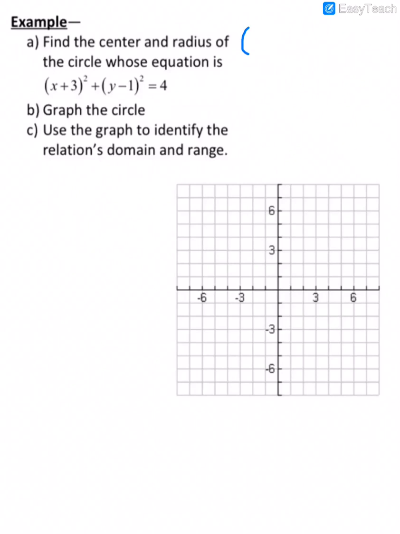We have x plus 3, so my h is going to be negative 3. And then we have y minus 1, so my k is going to be a positive 1. And then my radius is going to be the square root of whatever it's equal to. So my radius is 2.